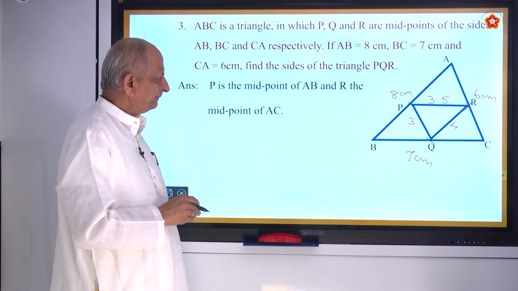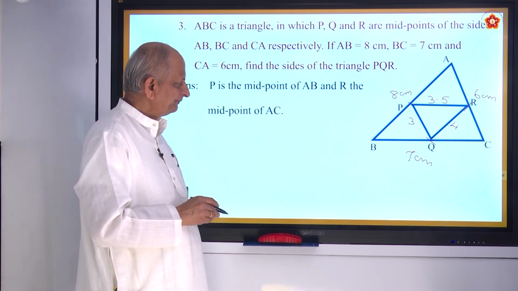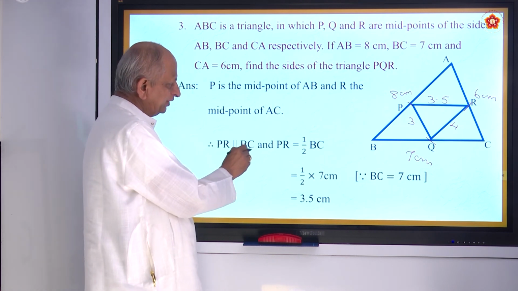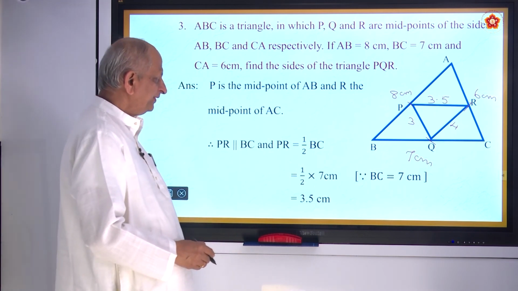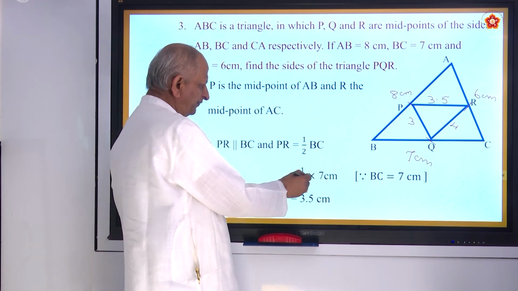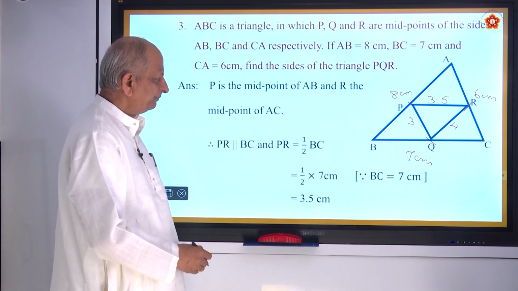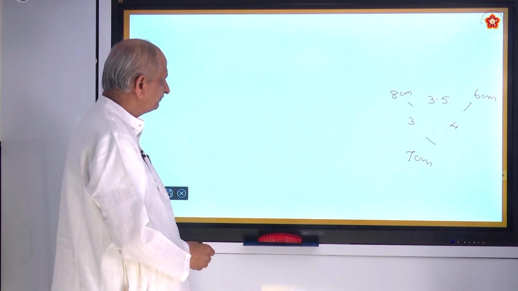So P is the midpoint of AB and R is the midpoint of AC. Therefore, line joining them, PR is parallel to BC and PR is half of BC. Half of BC means what? Half of 7, that is 3.5, because BC is 7. Similarly, next one.